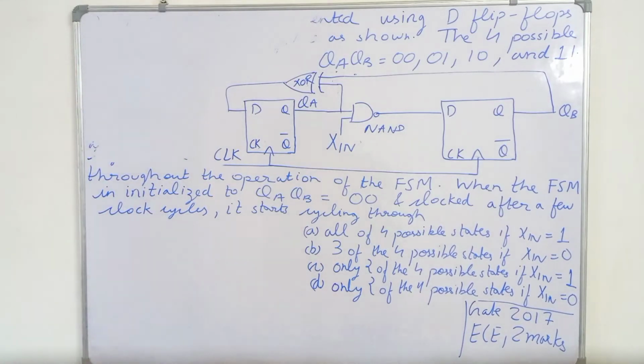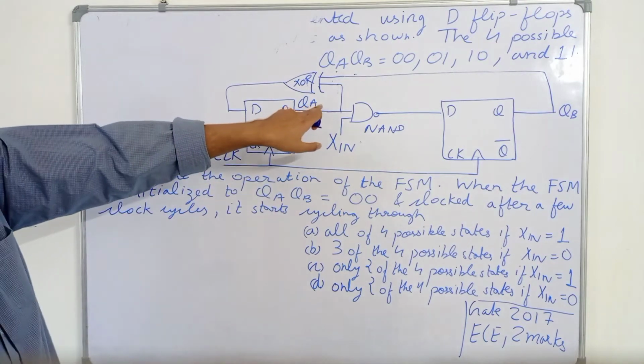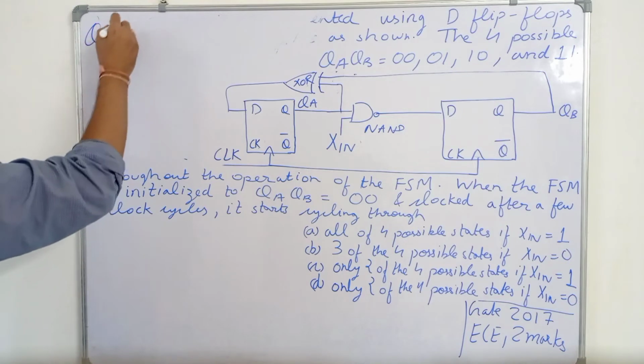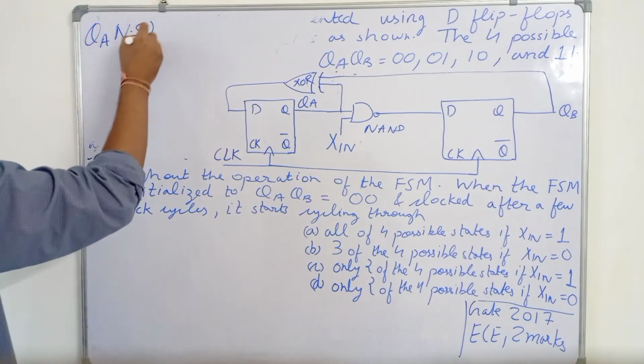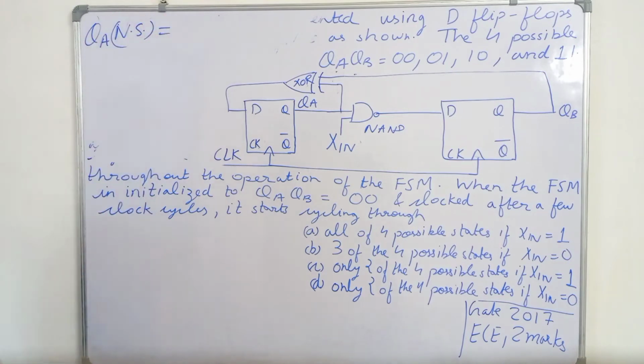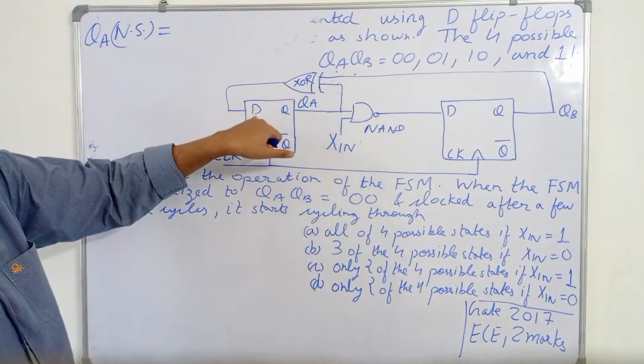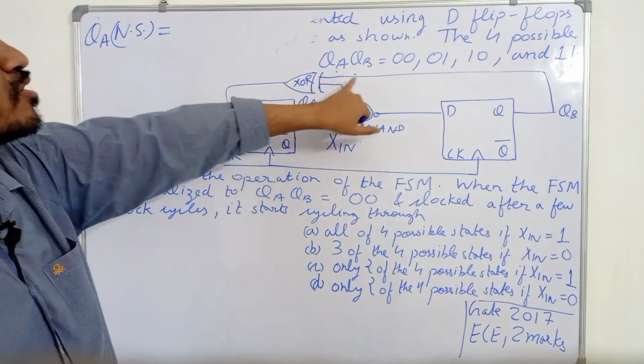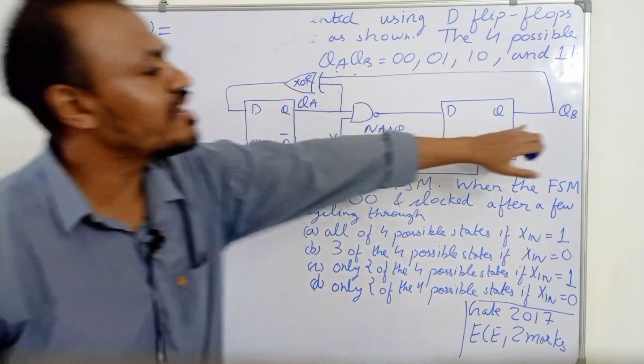So QA next state. This is QA and the next state of QA. QA next state is equal to, so this QA is connected to D and this D is connected to the XOR gate, and the two inputs of the XOR gate are QA itself and QB.